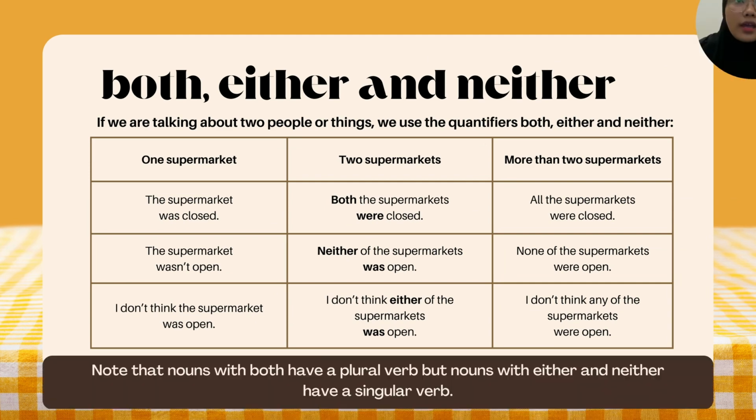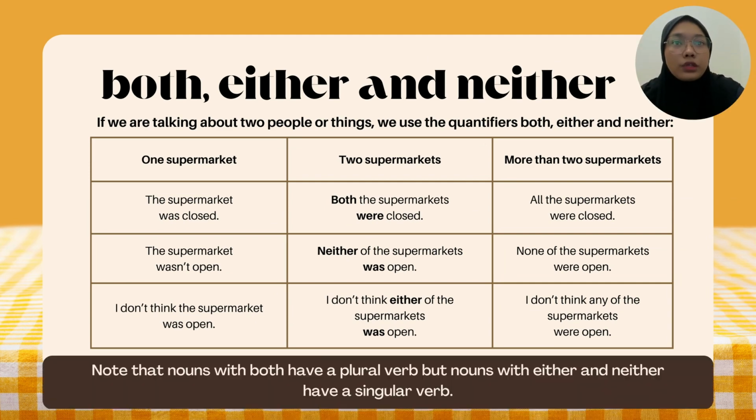Now, for both, either, and neither. If we are talking about two people or things, we use the quantifiers both, either, and neither. For example, if there is only one supermarket, we can say the supermarket was closed. So no both, either, or neither are used. And then, if there are two supermarkets, we can say both of these supermarkets were closed, or neither of these supermarkets was open.